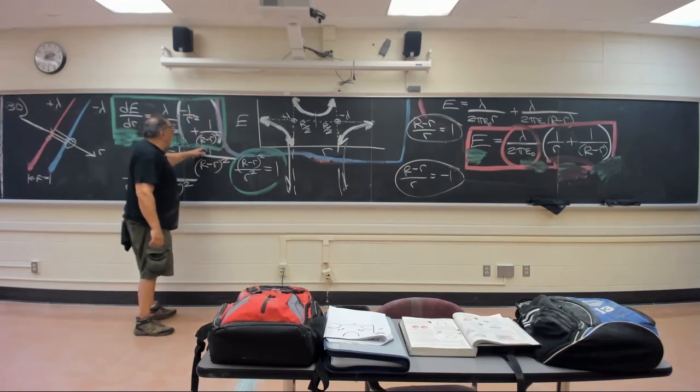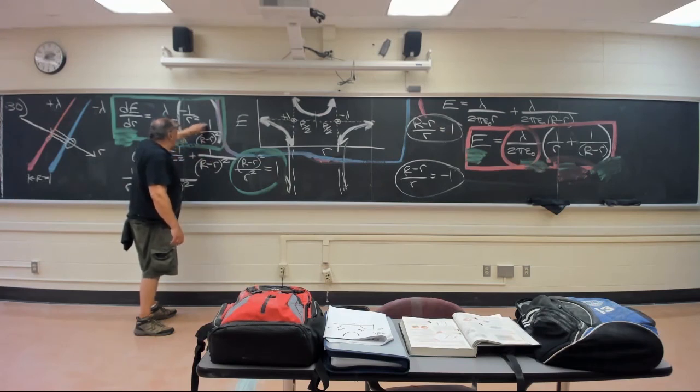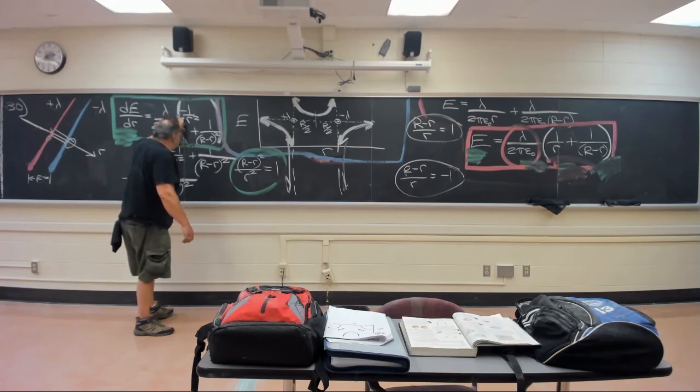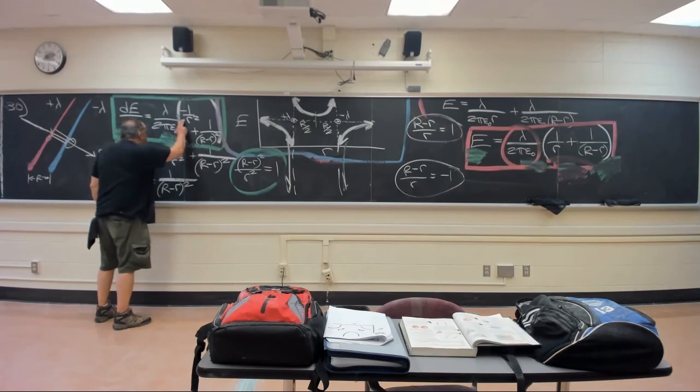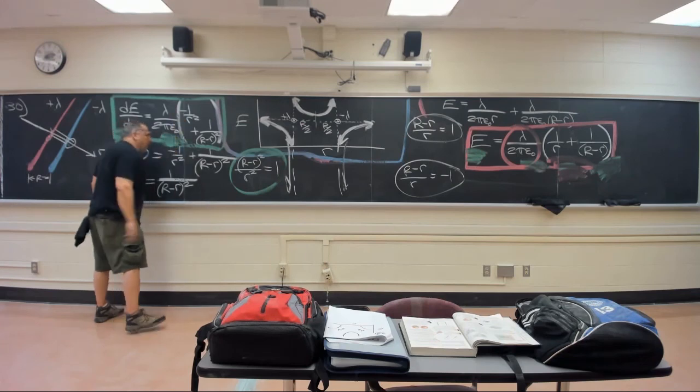If it's a little bit bigger, when you square it, this is going to be a small positive number, and this is going to be a negative number that has an absolute value that's bigger than this guy's absolute value. The net is negative.